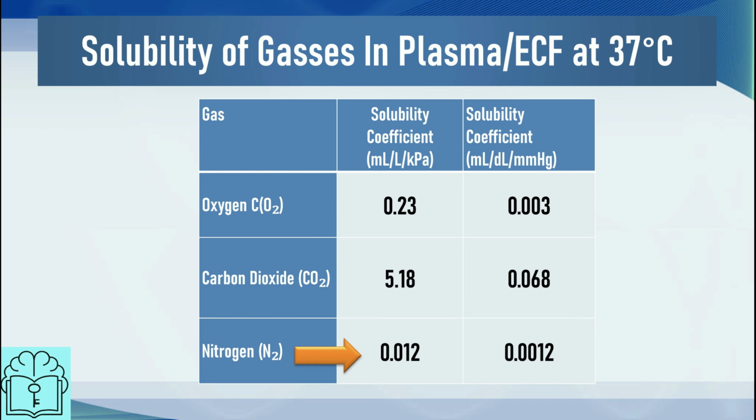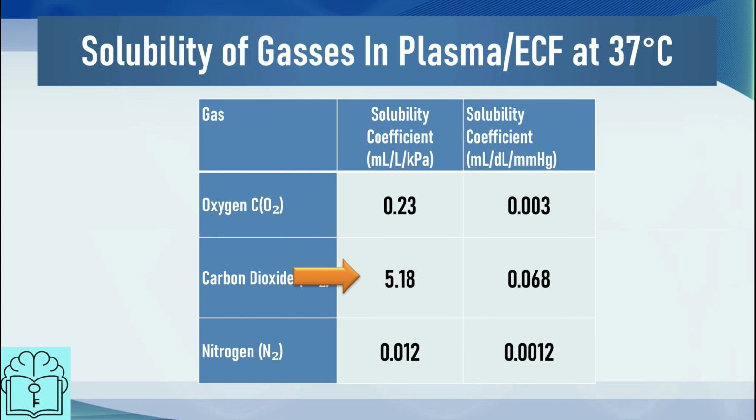That means that oxygen is 20 times as soluble as nitrogen. Conversely, the solubility coefficient for carbon dioxide is 5.18 or 0.068 mL per deciliter per millimeter of mercury. This means that carbon dioxide is 20 times more soluble than oxygen in body liquids.